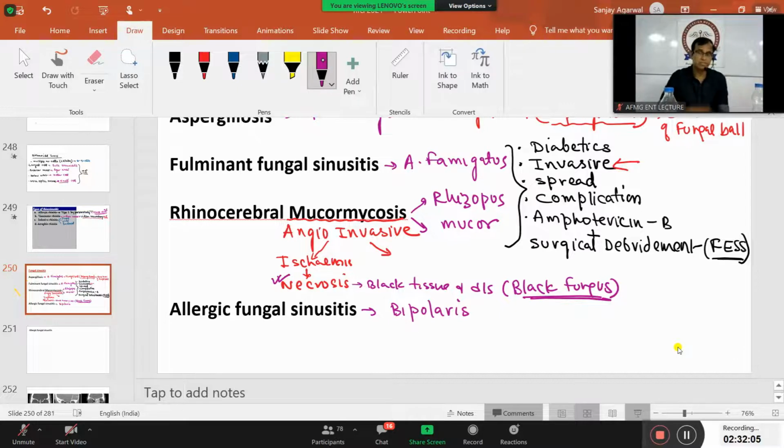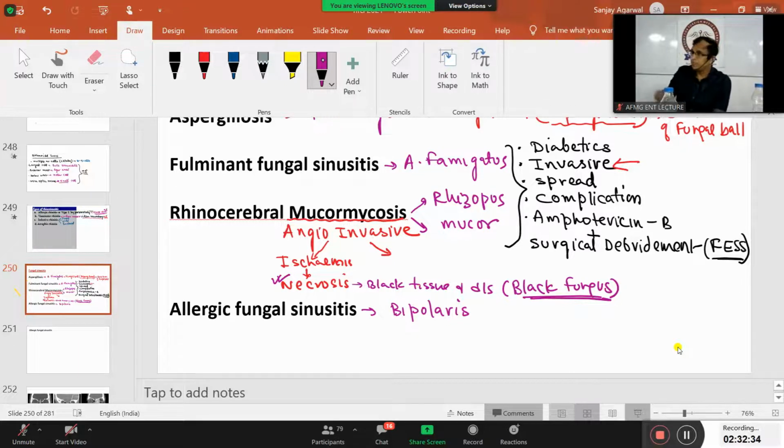So this is that black fungus. That's why it is very important. This is likely to be asked in the exam. Now the fungus is not black in color. This name is a misnomer. It's called black fungus because the tissue becomes black because of necrosis. Because the blood supply is cut off. So जहाँ पे भी जाएगा वहाँ पे necrosis हो जाएगा, nose and all that.